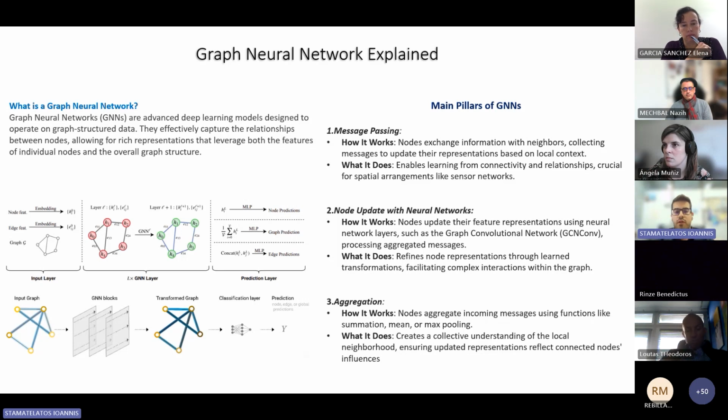And then you have the graph neural network, which inside of it, you have many other neural networks. In this case, we used the graph convolutional network, which communicates between nodes and aggregates the message between the nodes of the graph neural network.